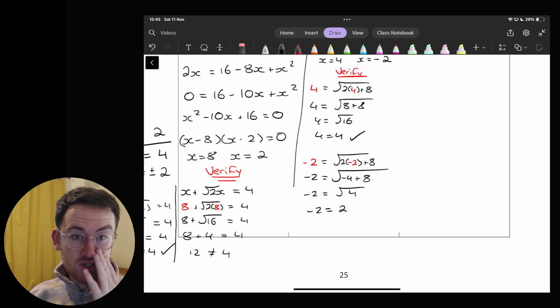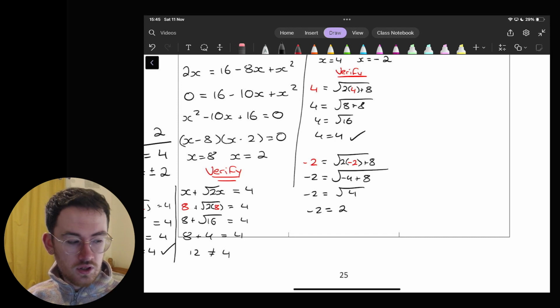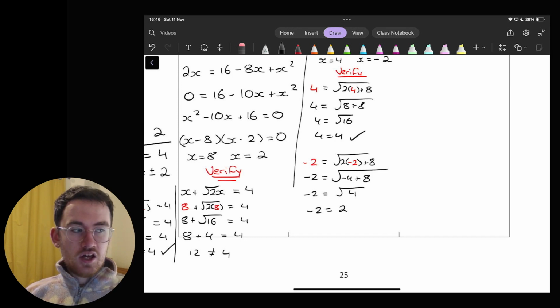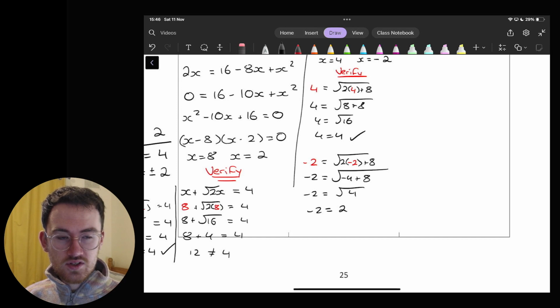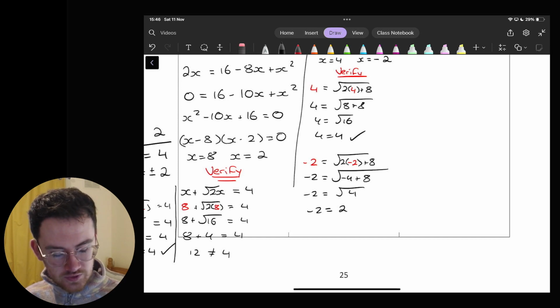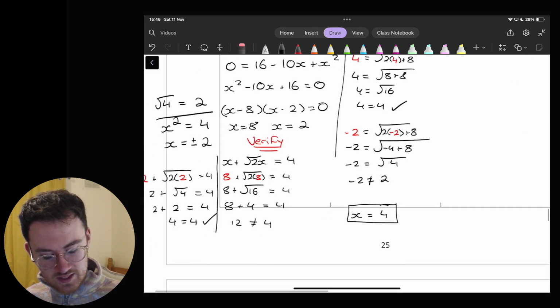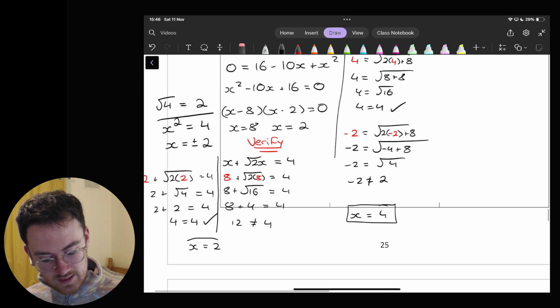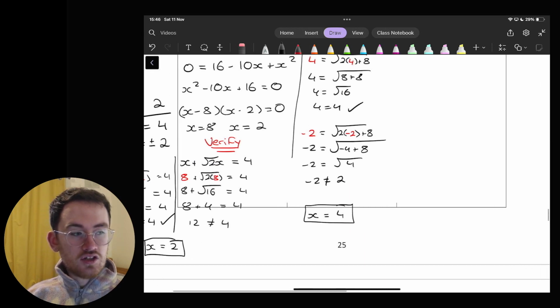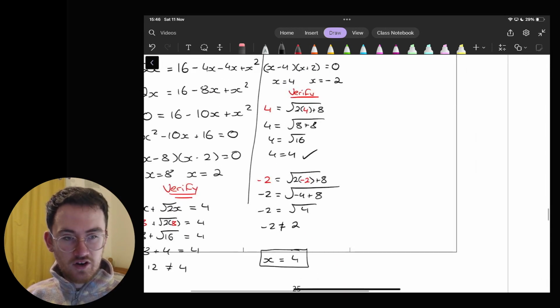The square root of 4, of course, is 2, so we can see straight away that no, minus 2 is not equal to 2. So that's not an answer. So we finish off our question by saying that x must be equal to 4. And something we forgot in the last one as well was just to say x there was equal to 2. So just finishing that off by giving your answer.